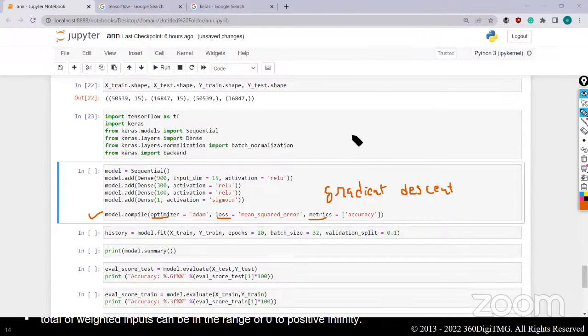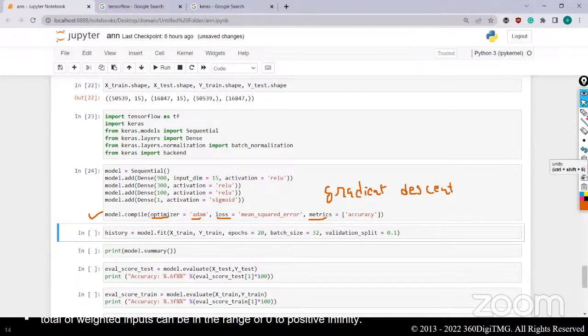So it gives much higher performance than previous methods like RMSprop and AdaGrad. It will take these optimizers, combine their features, and form this optimizer. So let's compile our model and take a look at how it works.